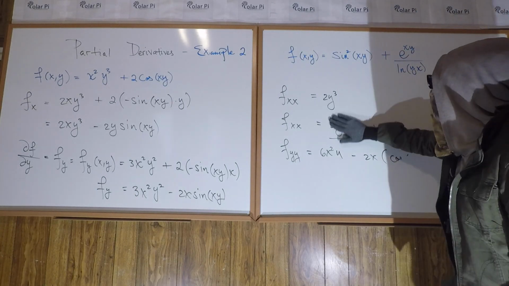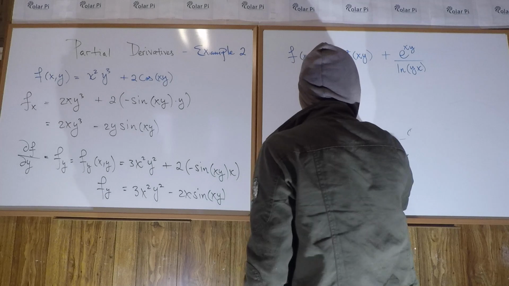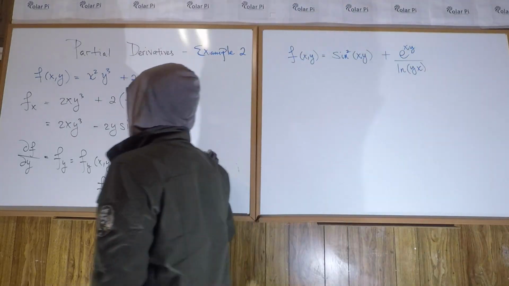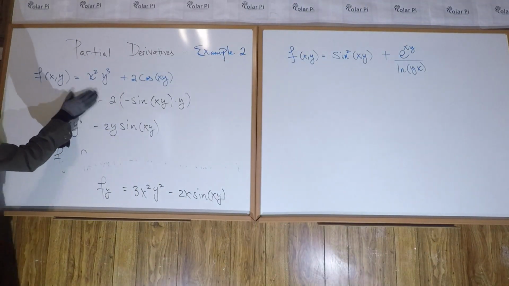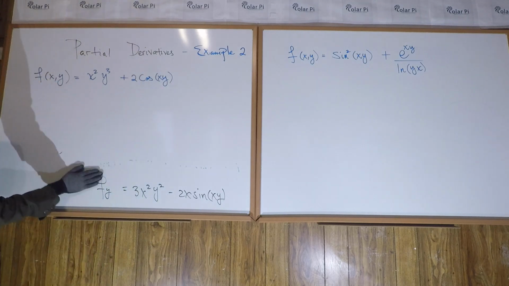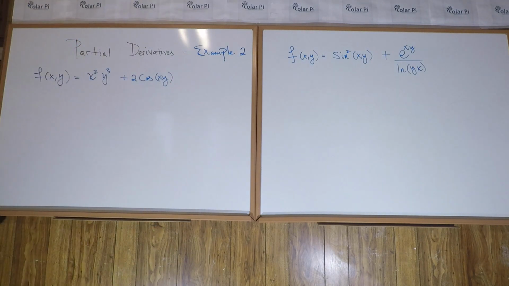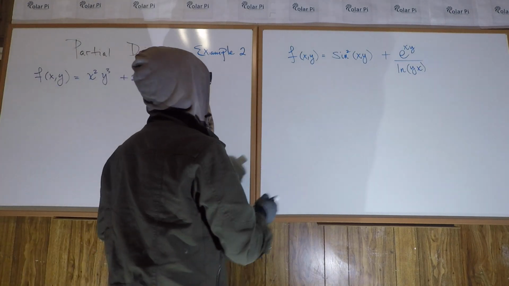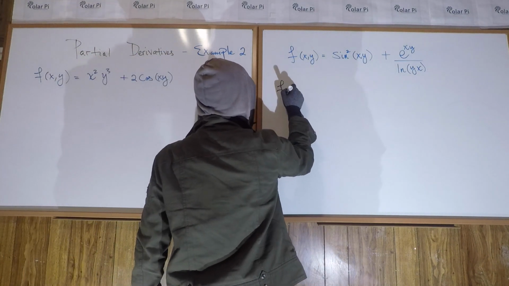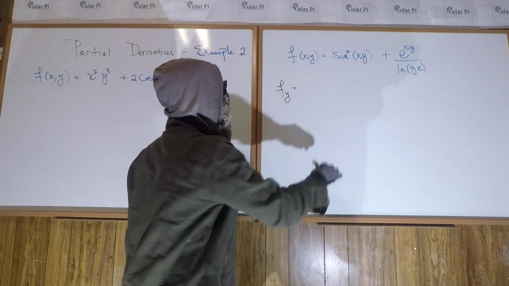Okay, so to conclude, let's do this last guy, and for him, as I said, it's sufficient if we just do the partial with respect to x or y, one of the two. And maybe we've been doing the partial with respect to x one too many times, so let's do the partial with respect to y. Yeah? For this guy.